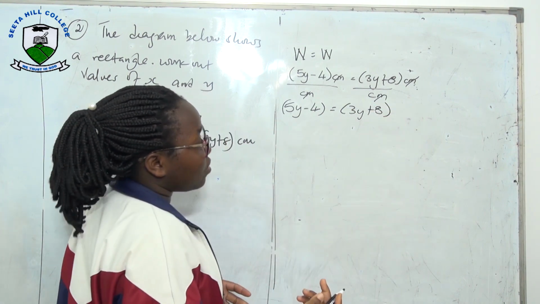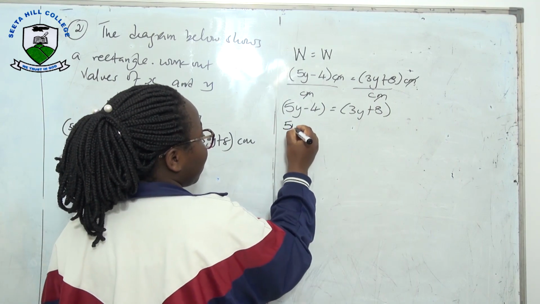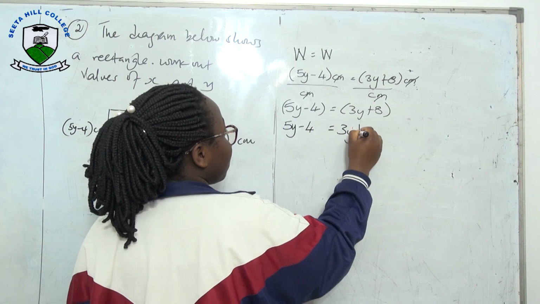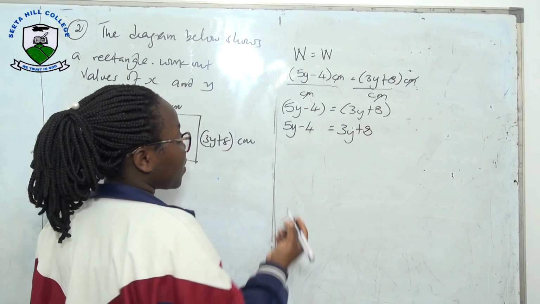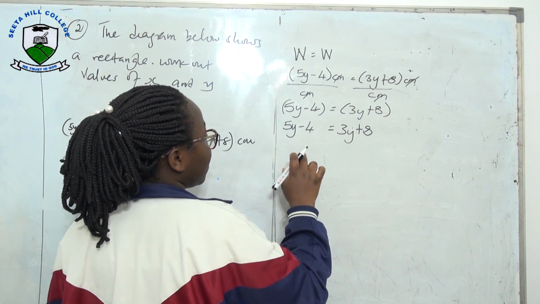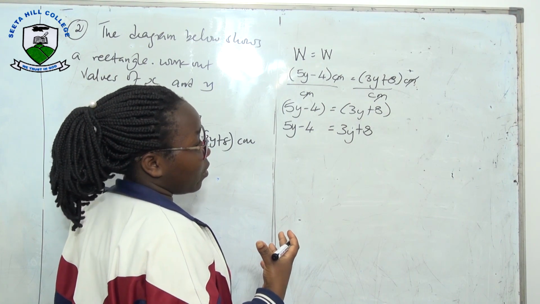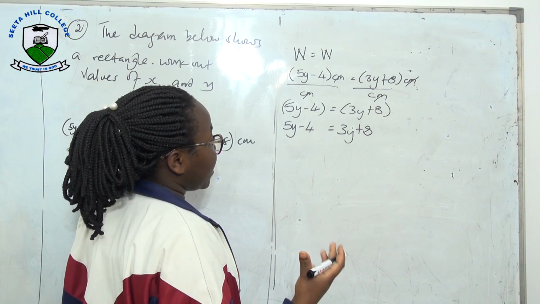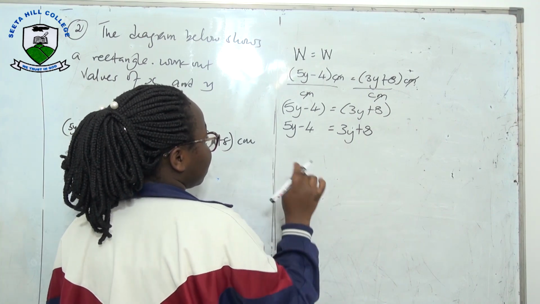And to remove brackets, you'll have to multiply nothing times this, so it will remain 5y minus 4 is equal to 3y plus 8. So we have to collect like terms. Most times it is best if the unknowns, like y, x, all these letters, are on the left. So we shall bring this 3y this side.